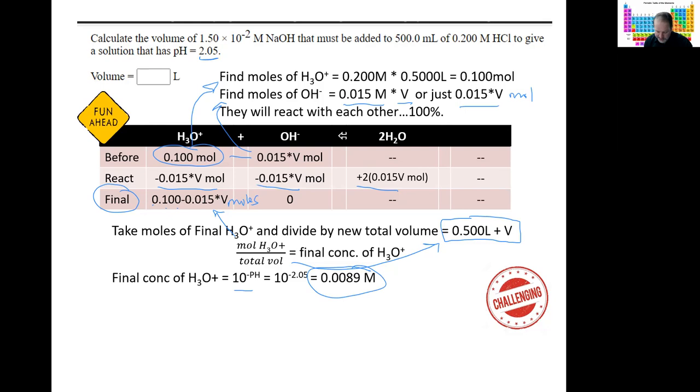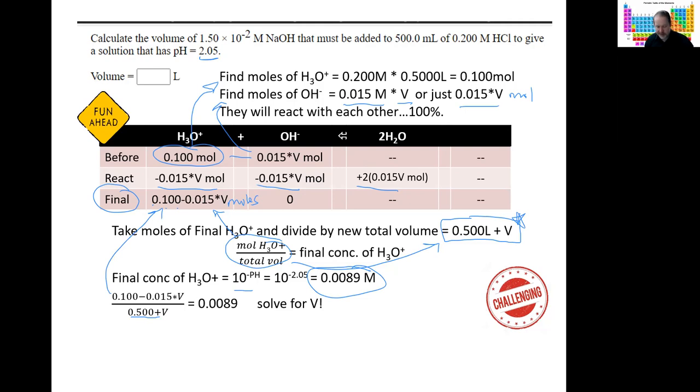Since I know my final concentration and I know a way to set it up, I can create an equation with one unknown. There are the moles of the final hydronium ion, and the 0.5 plus V is the total volume at the end. So now I have just one variable. It's in a couple places, in the numerator and denominator, but I can solve for it.